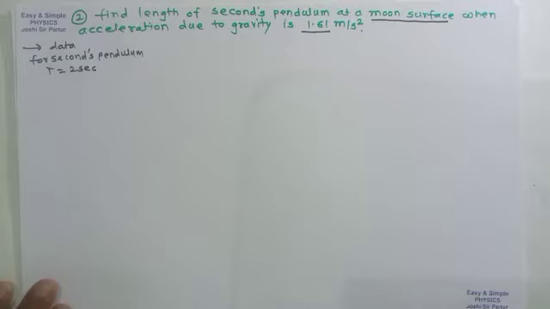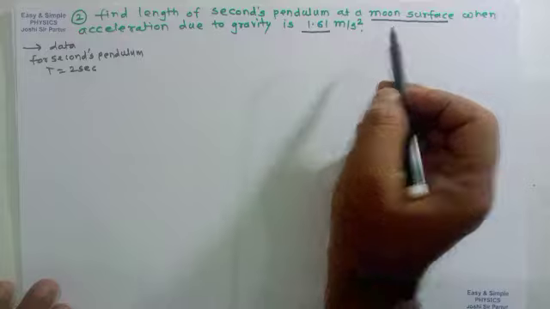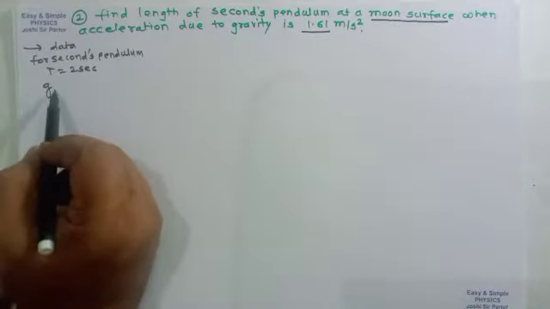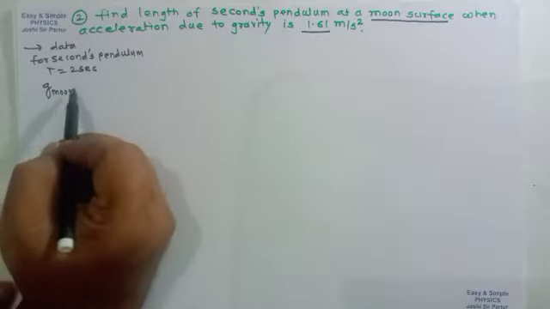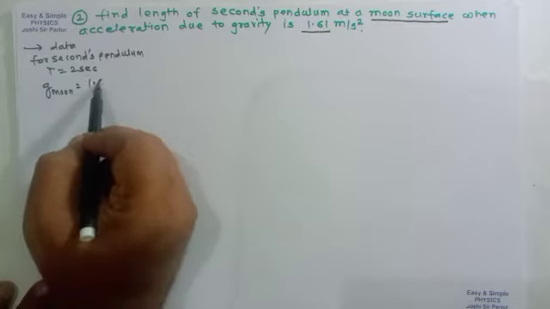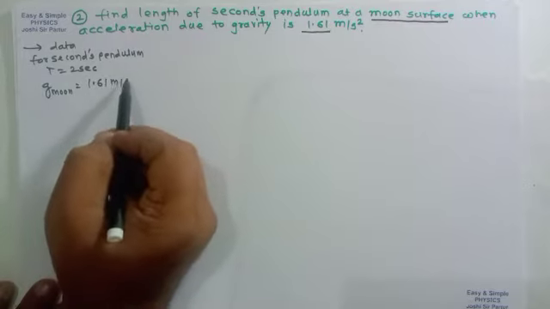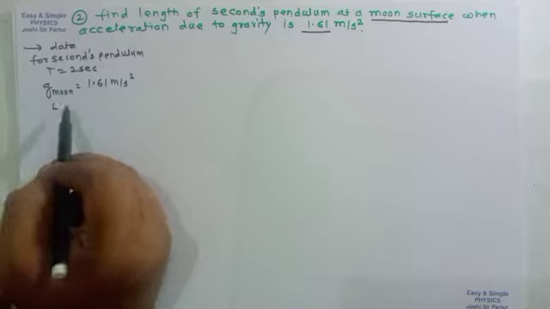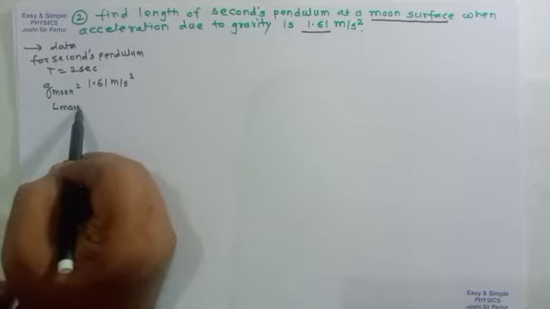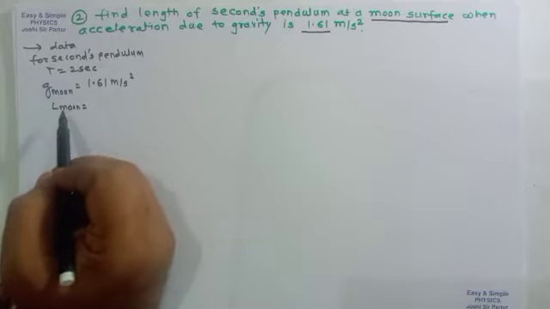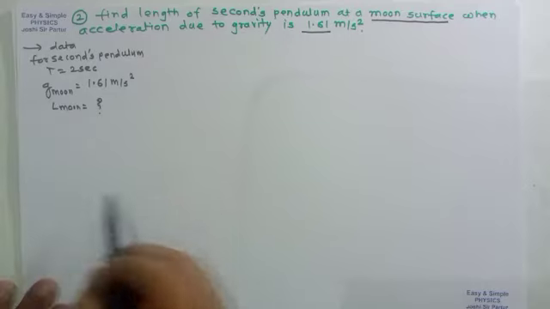But here on moon surface, the acceleration due to gravity will be 1.61 meter per second square, and we can find out the length of second pendulum on moon surface.